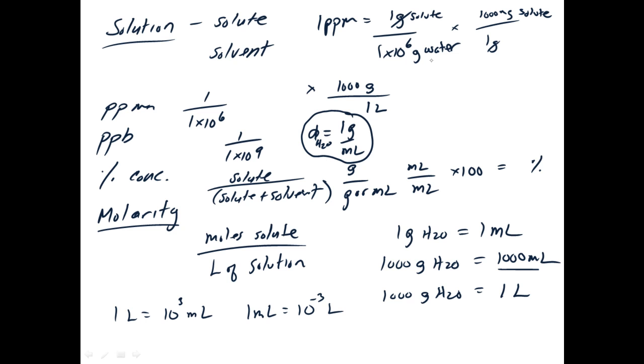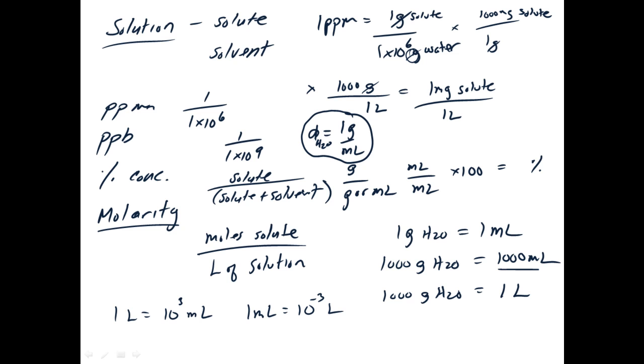So here what we're doing is converting from grams of water. This is in the denominator up here. This cancels with the numerator. And so what we end up with is, when we take the 1,000 here and the 1,000 here, and we divide it by 1 times 10 to the 6 here, we get that 1 milligram of solute per 1 liter of water is approximately equal to 1 part per million.